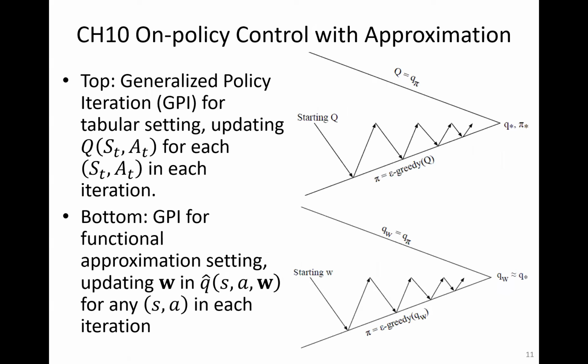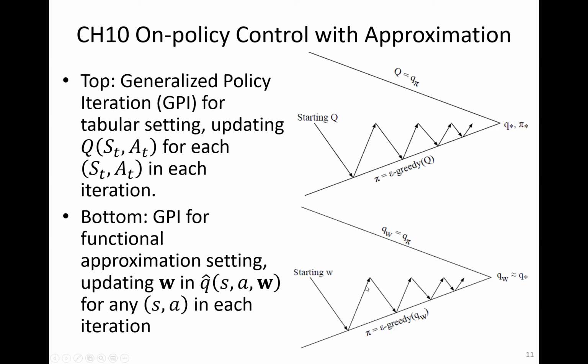So in the book's chapter 10, it talks about on-policy control with approximation. We saw this figure before, generalized policy iteration for the tabular setting, updating the Q for each state-action pair in each iteration, based on a table.